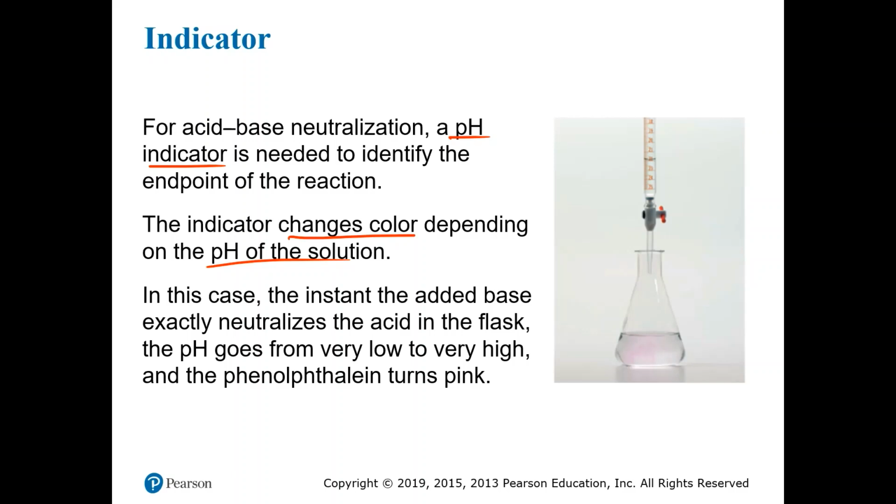At the exact moment that the base fully neutralizes the acid in the flask, the pH is going to rapidly change from low to a pH of exactly 7, if we can match it at the exact neutralization point, and then rapidly go above 7 with each additional drop of base. So what we want is an indicator that'll be one color in an acidic solution and another color in a neutral or basic solution. Phenolphthalein fits this bill pretty well because it's clear in acidic solution and it turns bright pink when it reaches neutral or basic pHs.